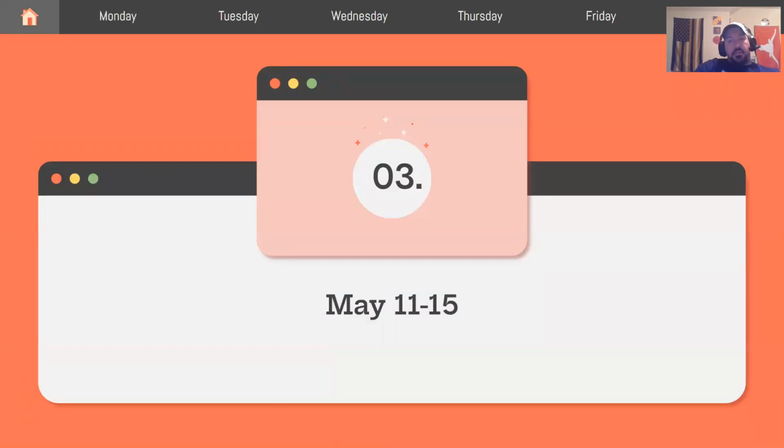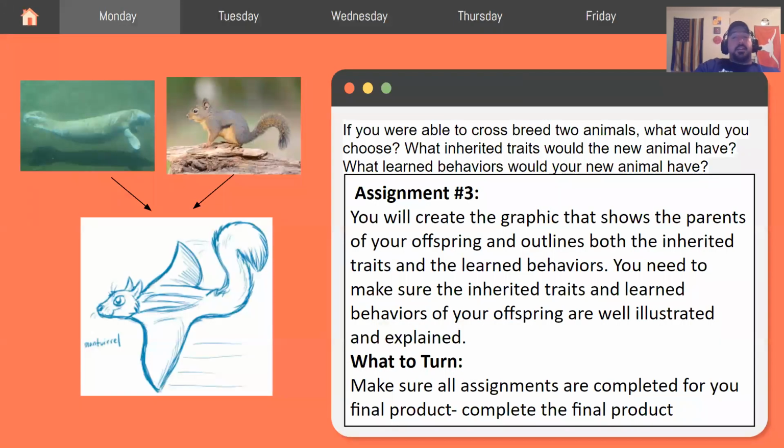And then week 3, May 11th to 15th, you need to actually give us a rendering of what that animal would look like, okay? A drawing of what that animal would look like. So example here, this student shows a manatee and a squirrel as the parent animals.